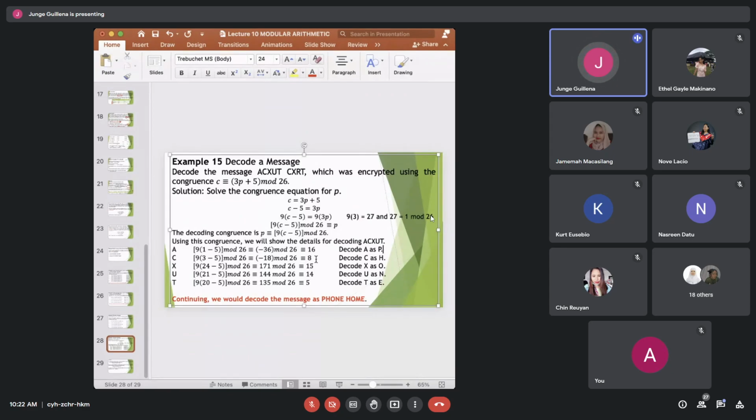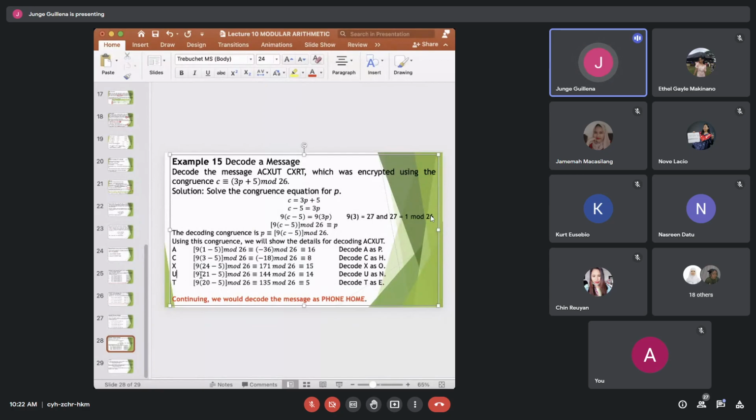The 8th letter is letter H. Then X: 9 times X, the 24th number. 24 minus 1 is 19. 19 times 9 is 171. 171 divided by 26 has a remainder of 15. Then you decode X as O, because O is the 15th letter in the English alphabet, or has a numerical equivalent of 15.